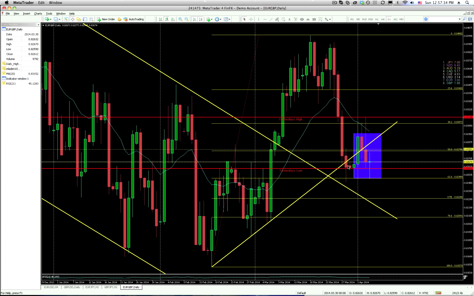So this of course would lend itself to the potential of this trade coming back through, closing below, and then continuing down a certain distance, perhaps relative to this distance it's traveled right here, which is about 130 pips. So that's one option.